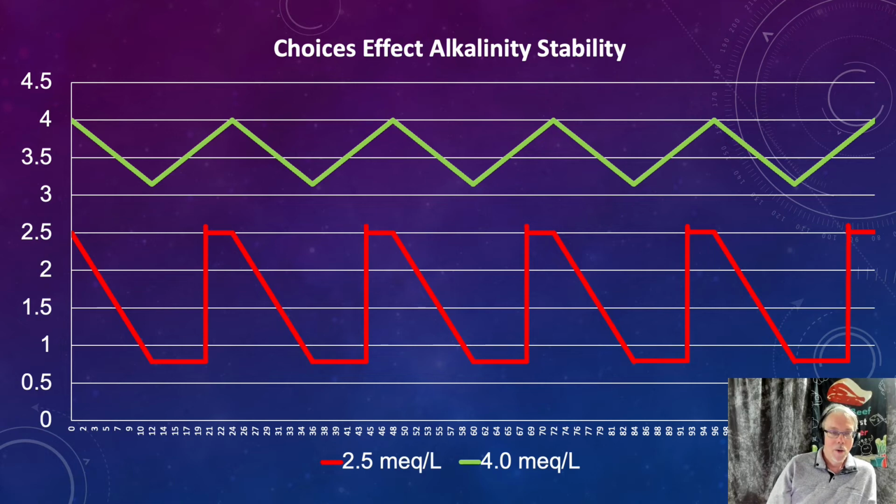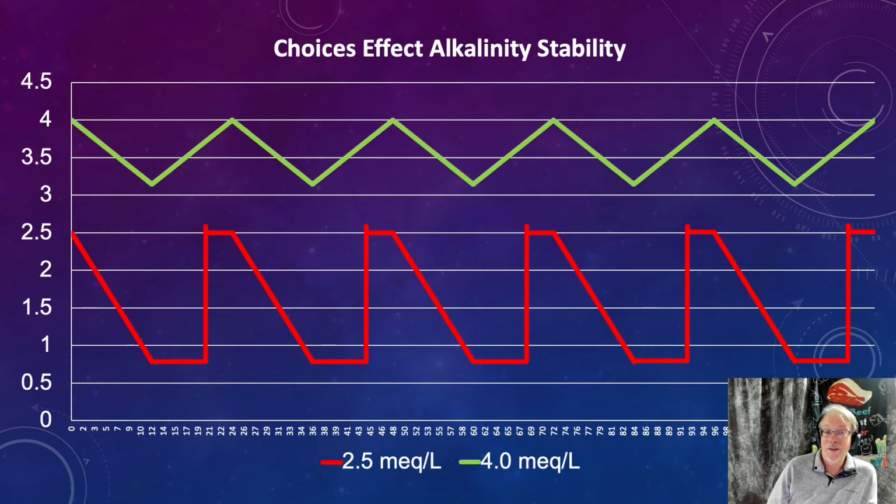Okay. So the calcification rate for these two aquariums is identical. But as you can see, the green line above, where the system's running at elevated alkalinity, 4 milliequivalents per liter, and calcification support is being dosed continuously through the day, experiences much smaller excursions than the dump once a day kind of system.